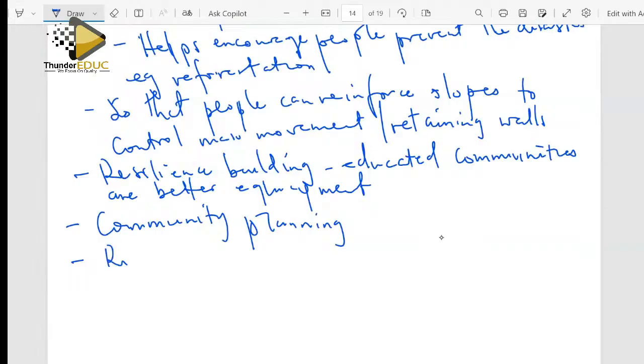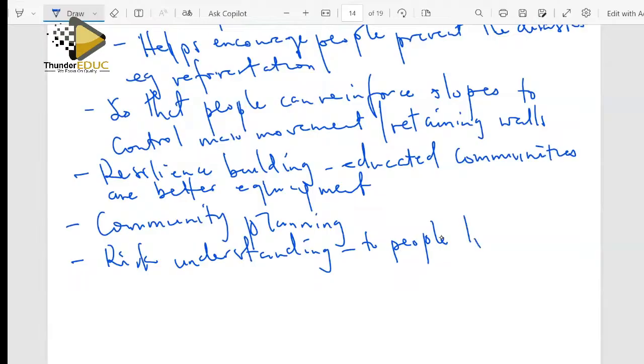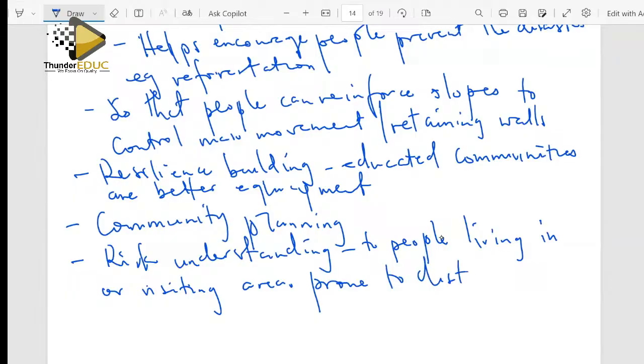And also, lastly, we can talk of risk understanding. For risk understanding, people living in or visiting places prone to disasters.